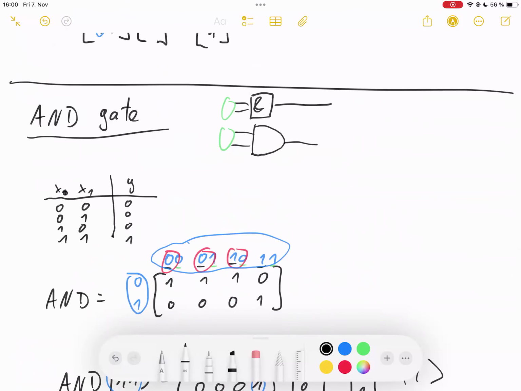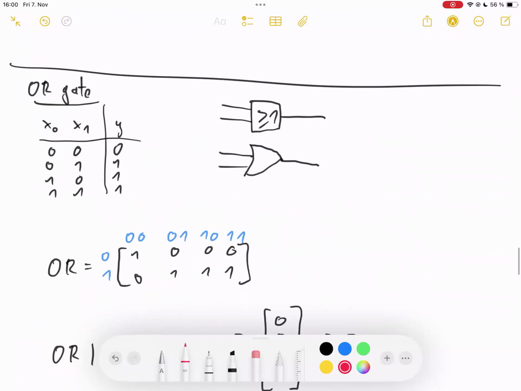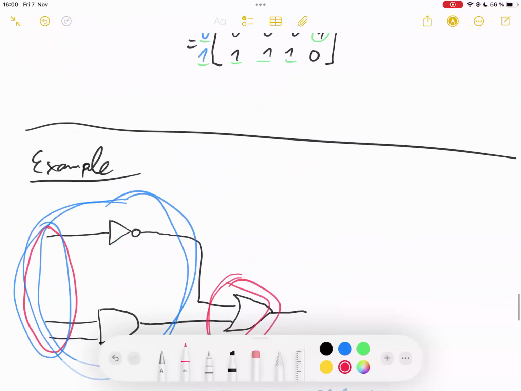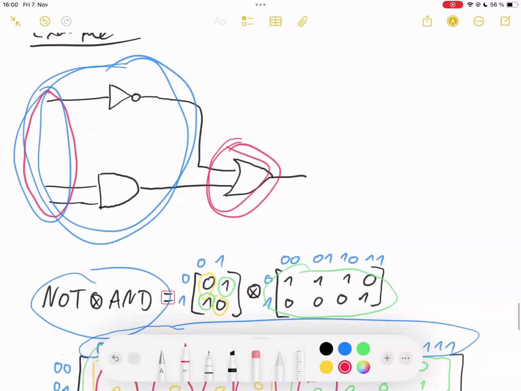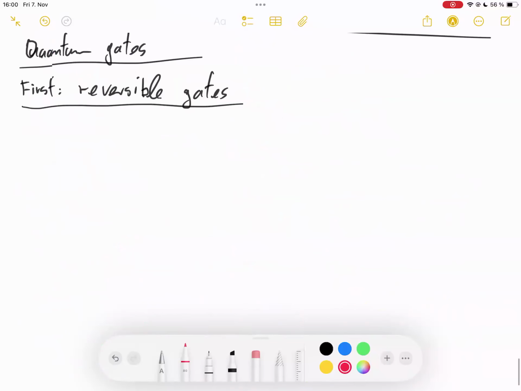But the AND gate is not reversible, because reversible would mean I have an output, and from that output I want to infer the input. It's not possible for the AND gate. It's not possible for the OR gate, and not possible for the NAND gate, and not possible for this circuit here, because I have an output and I'm unable to reconstruct the input.